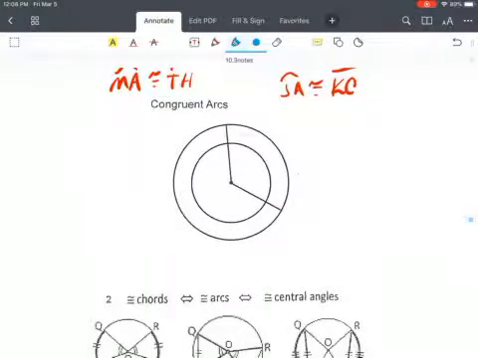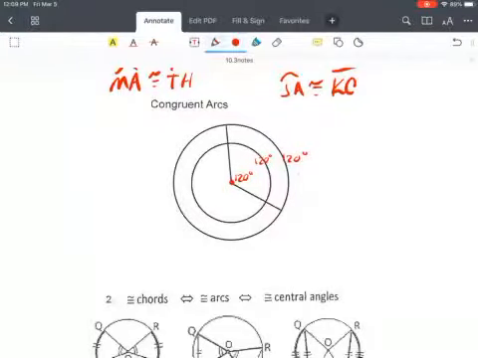So in this case, I have two circles that are concentric. They have the exact same center, but they are clearly different size circles. So if I say that the central angle here is 120 degrees, that would mean the arc is 120 degrees for each circle.